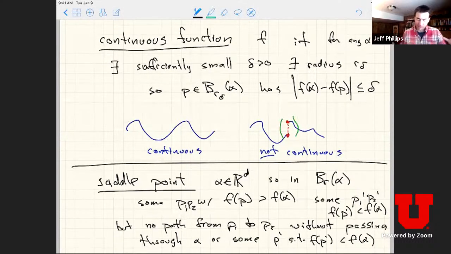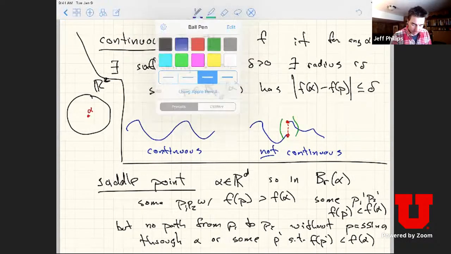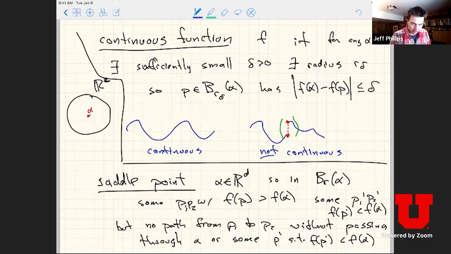Okay, so this seems kind of strange if you haven't thought about it this way before. Let me try and draw a picture of the saddle point. It helps to draw the local neighborhood, say in R^2. In general this is R^d, but let's think of this as R^2, and I've got alpha here. I'm going to have some points, call this P1, this P2, this P1 prime, this P2 prime, and I can draw these regions.